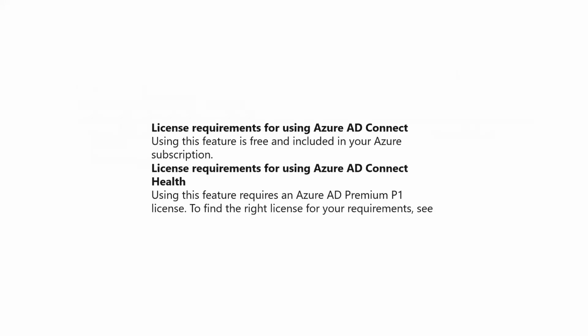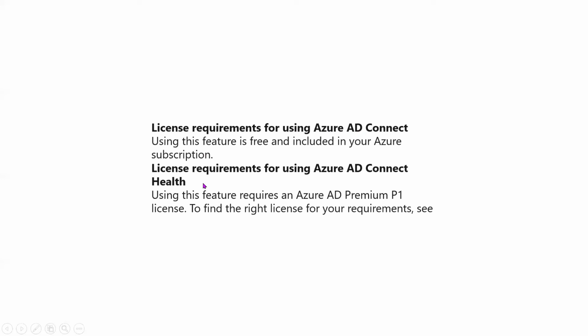One thing you have to make sure is that whenever you are using Azure AD Connect, there is a license requirement. Generally, if you just want to use Azure AD Connect, there are no extra licenses required.